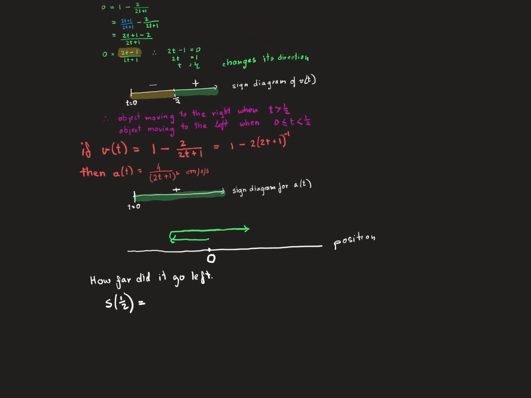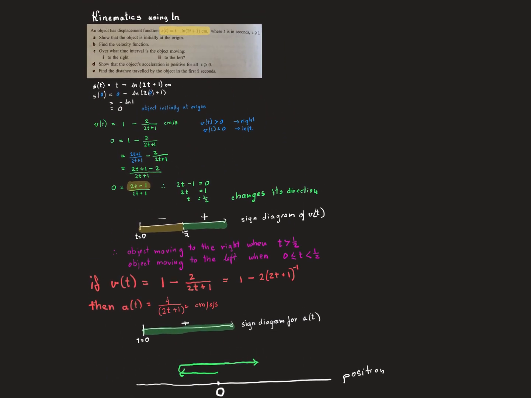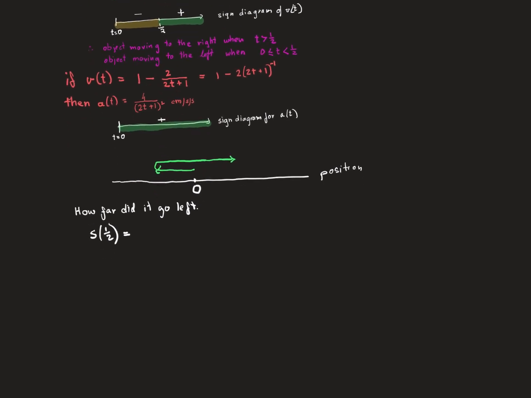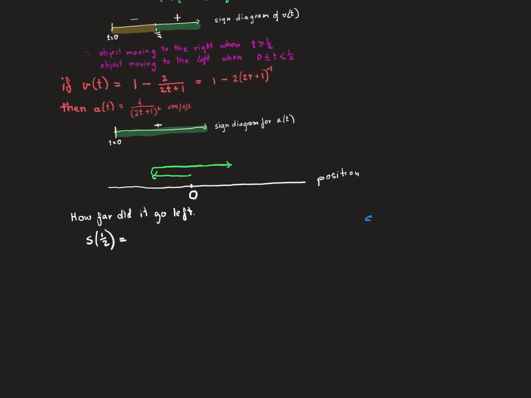I need to remind myself what that displacement function looked like, and I'll write it down here. Okay, now I can use that to put my values in for t, and that's minus ln, and work it out.